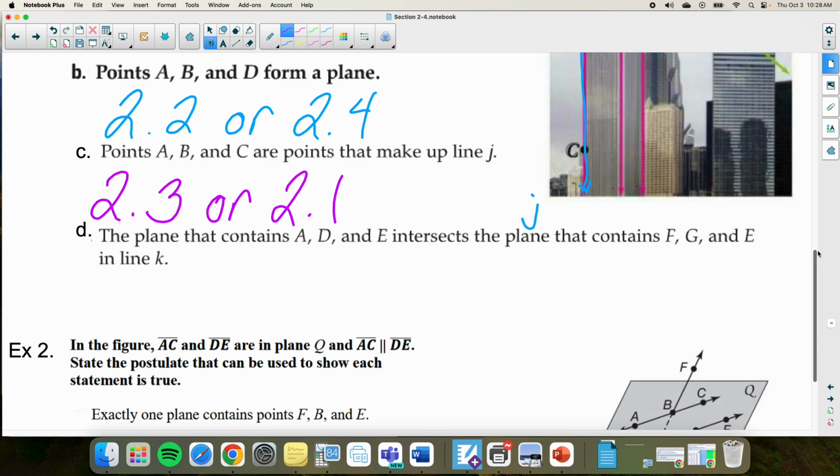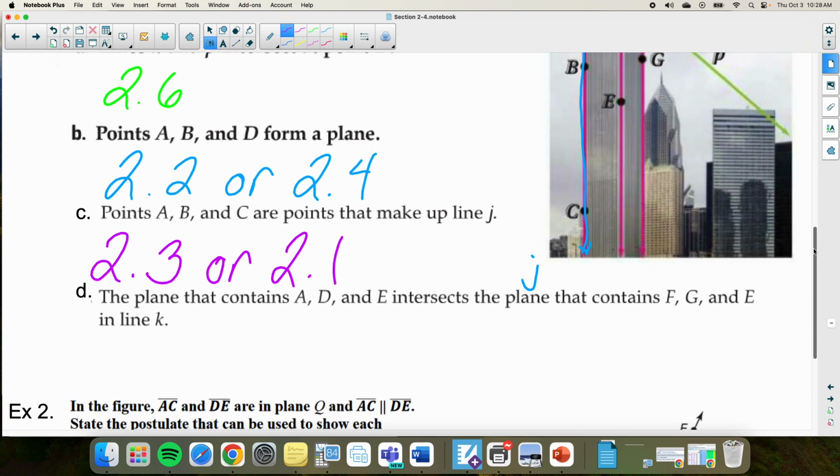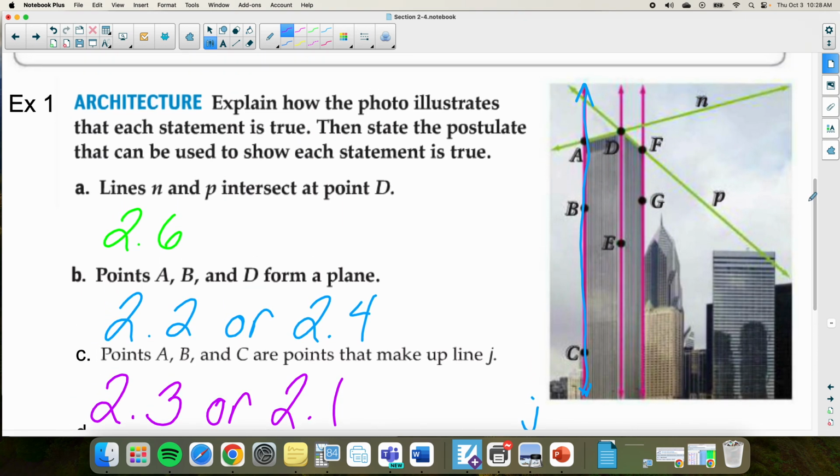Then it says the plane that contains A, D, and E, which is this front one here. Oh, that color's not going to show up.